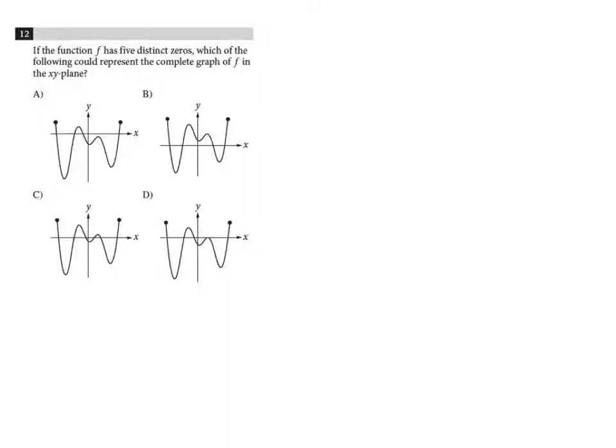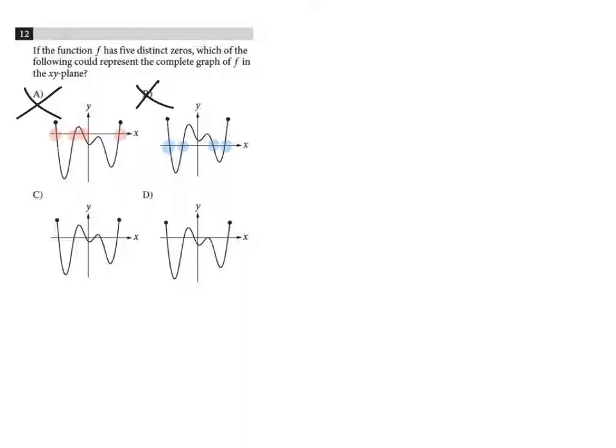So let's count for A. 1, 2, 3, 4. That cannot be our solution. What about the next one? 1, 2, 3, 4. Again, that cannot be our solution. Looking for 5 distinct zeros.